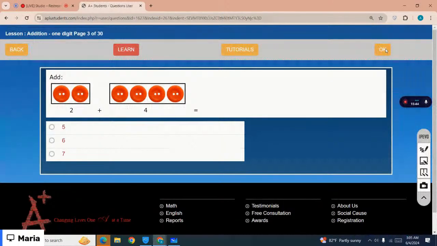Add 2 plus 4. So which is the correct option? The correct option is 6. 4, 5, 6. Option number 2 is the correct option.